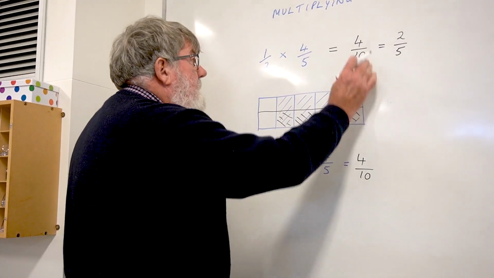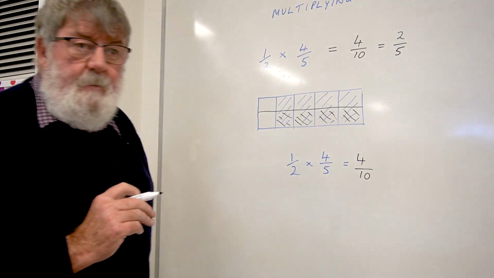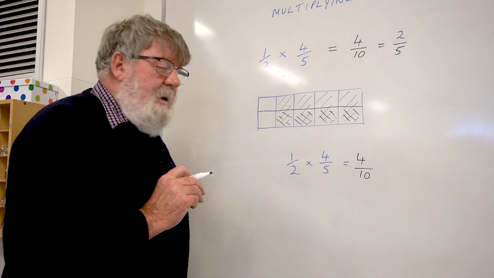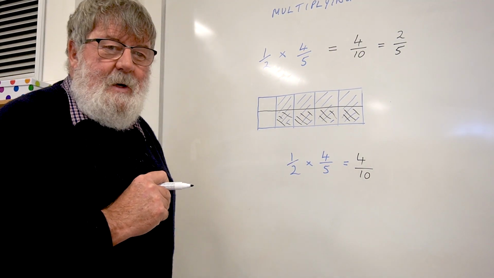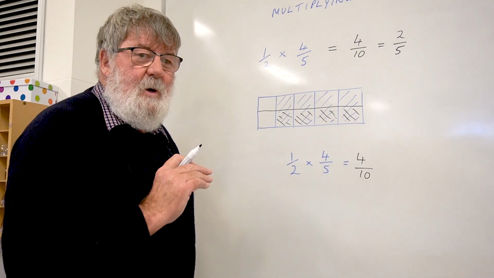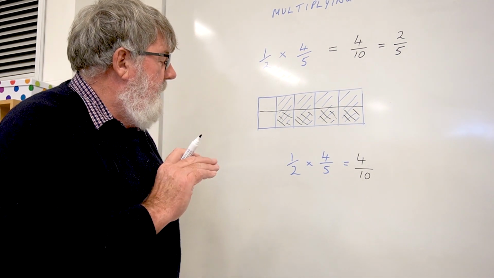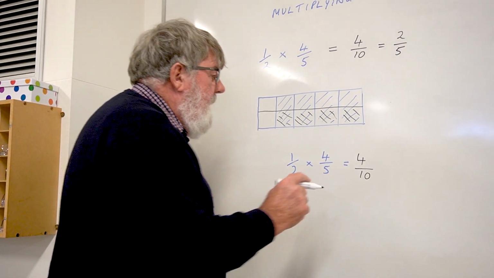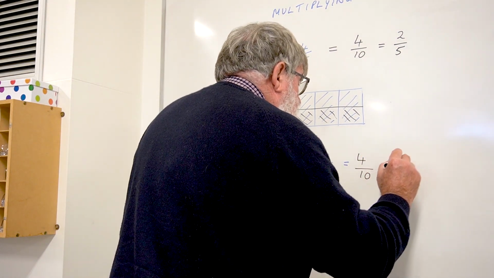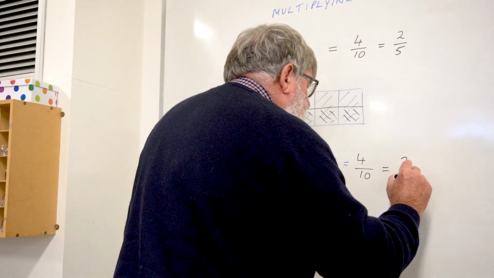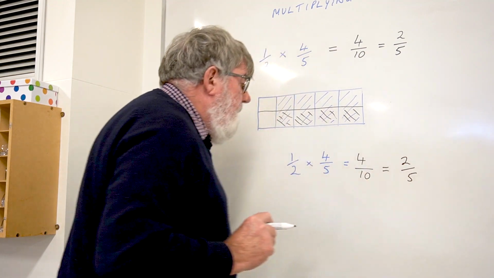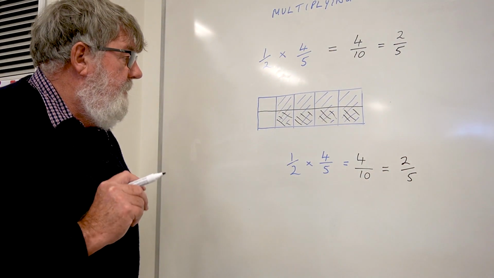There it is, same answer as that. Much simpler than adding fractions. Don't try and use this method to add and subtract fractions, however, it doesn't work. This is how you do multiplication. And remember, our 2 is a common factor, so 4 divided by 2, 10 divided by 2, 2/5.